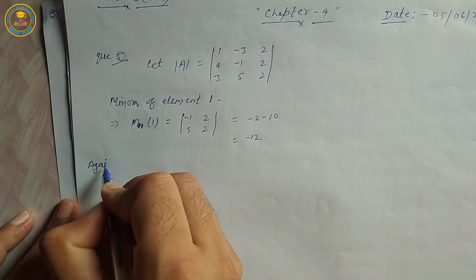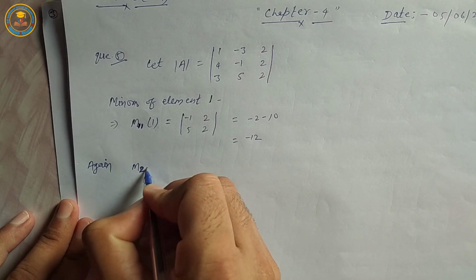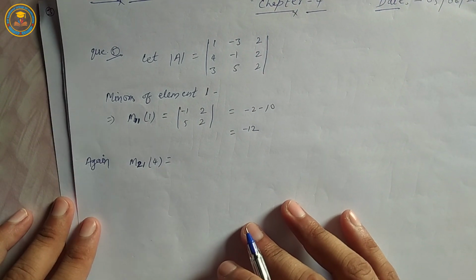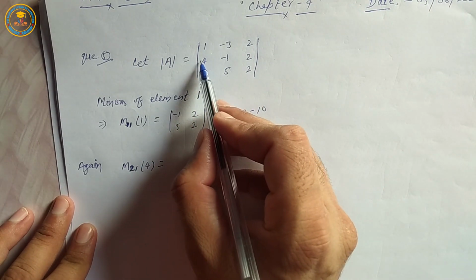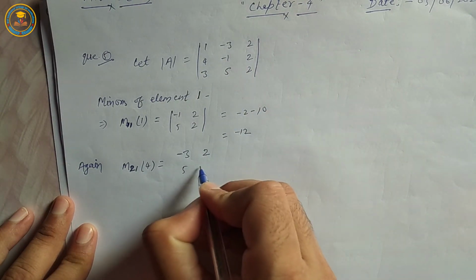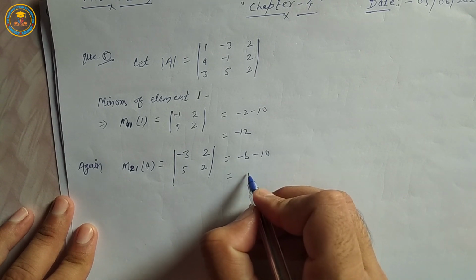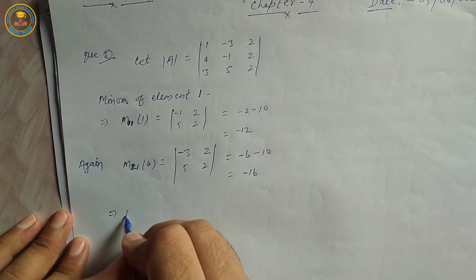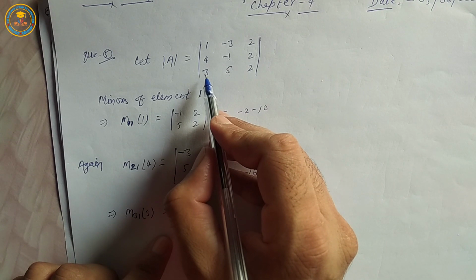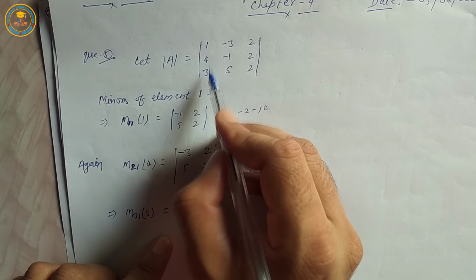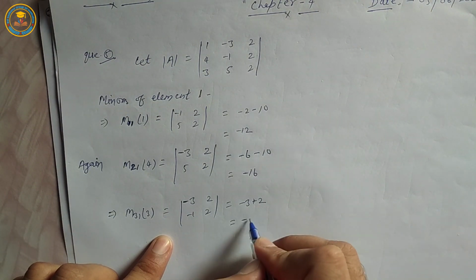Again, minor of element 4, it means M21 is equal to, leaving the corresponding row and column of element 4, minus 3 2, 5 2, is equal to minus 6 minus 10, which is minus 16. Next, M31, minor of element 3, leaving the corresponding row and column of element 3, minus 3 2, minus 1 2, is equal to minus 6 plus 2.